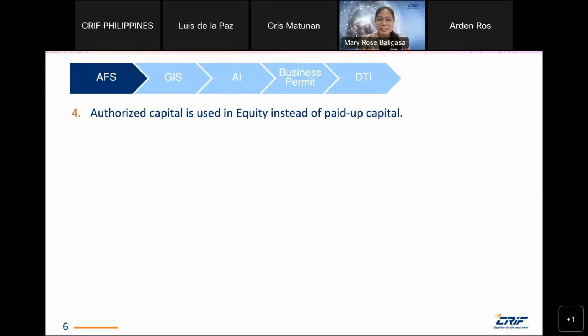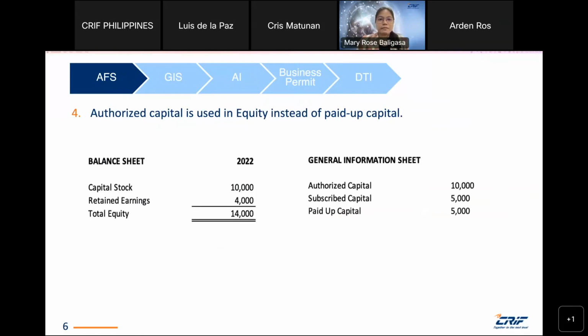Then the fourth one, still under AFS or audited financial statements, is that the authorized capital is used in equity instead of paid up capital. There are different kinds of capital incorporations. In the general information sheet, you will see three: the authorized capital, the subscribed capital, and the paid up capital. What is the difference between these three?